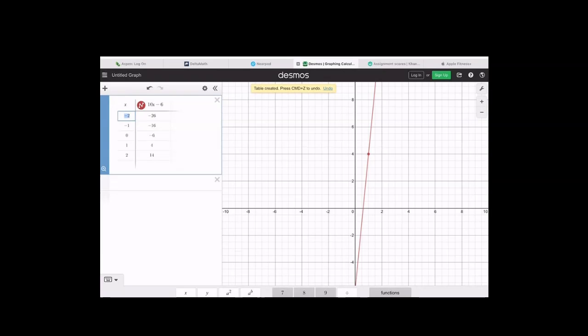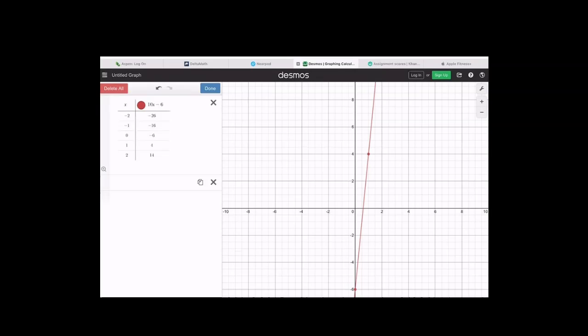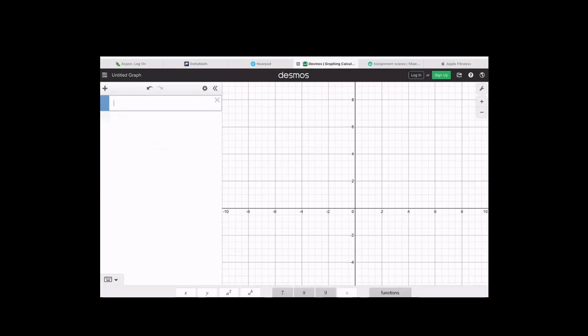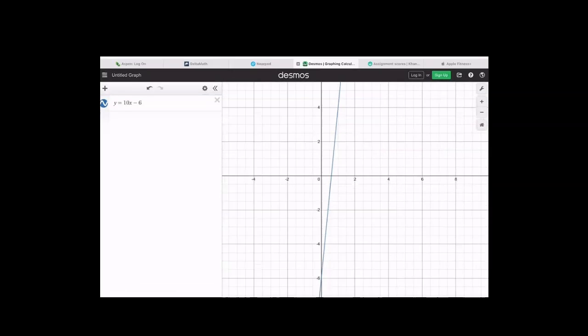How did I do that? You just simply state that you want to do a table. So I changed it to a table. So let me show that again. I did y equals 10x minus 6. Now you can also see what the graph looks like.